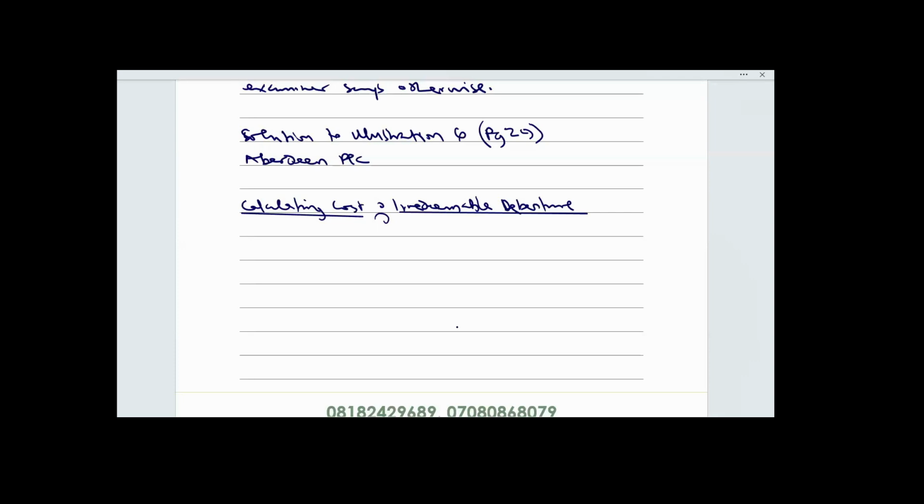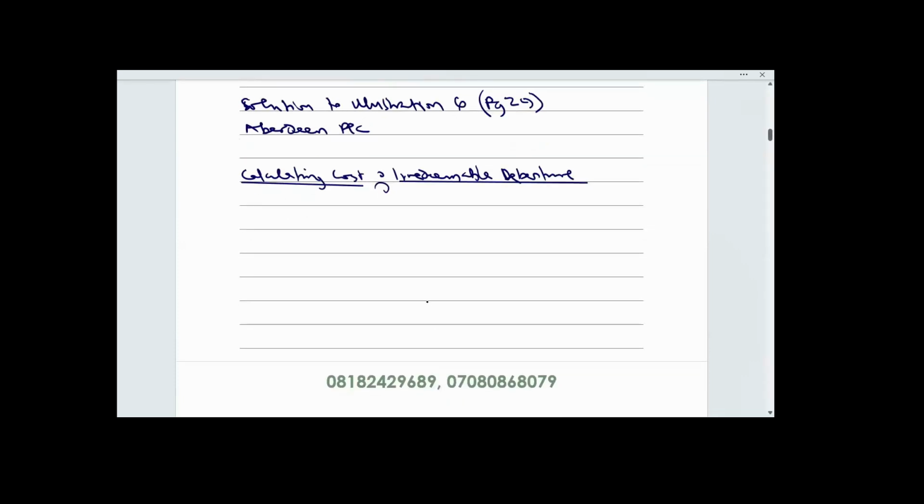But if the maturity date is not given, you calculate cost of irredeemable debenture, just the way we are doing. So the cost of irredeemable debenture, where there is no tax, put it down. Number 1, where there is no tax.